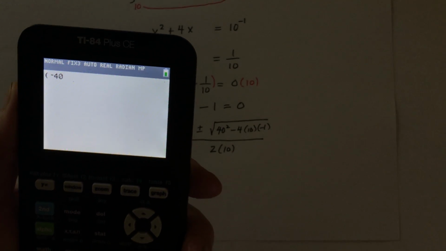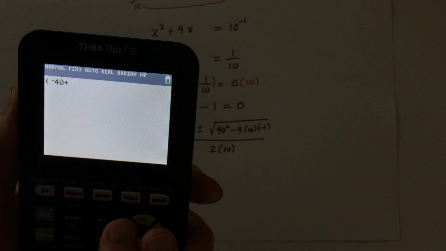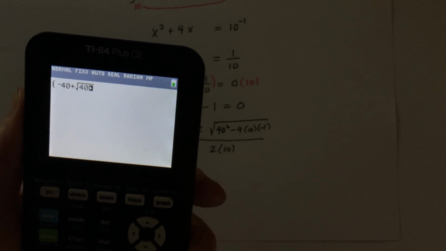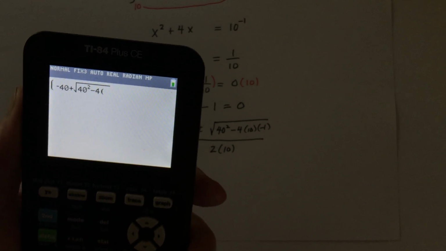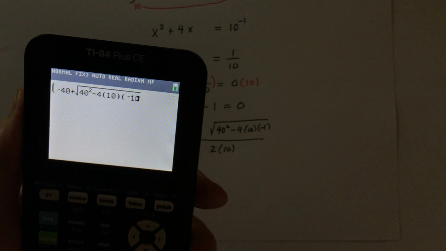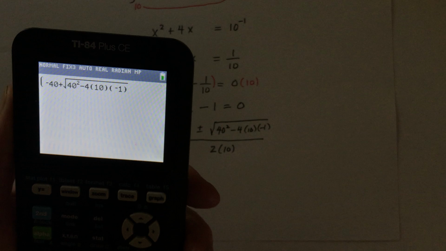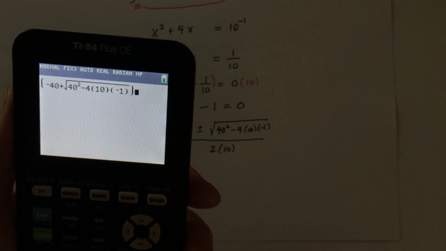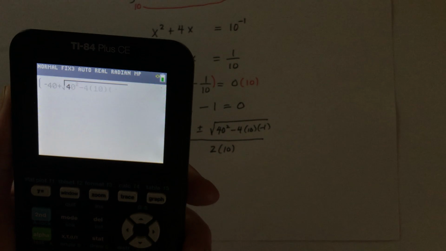So it's going to be negative 40 plus the square root of 40 squared minus 4 times the a times the c. And now move to the right to get out of the square root, and the whole thing is in parentheses, and the whole thing gets divided by 2 times 10, so that's 20.